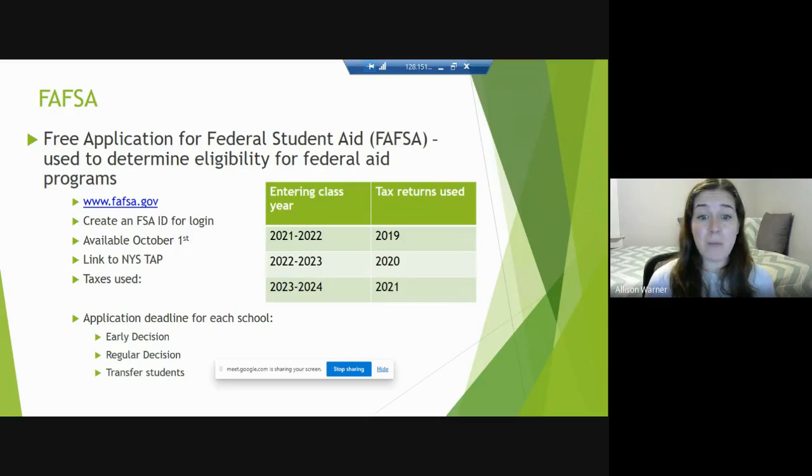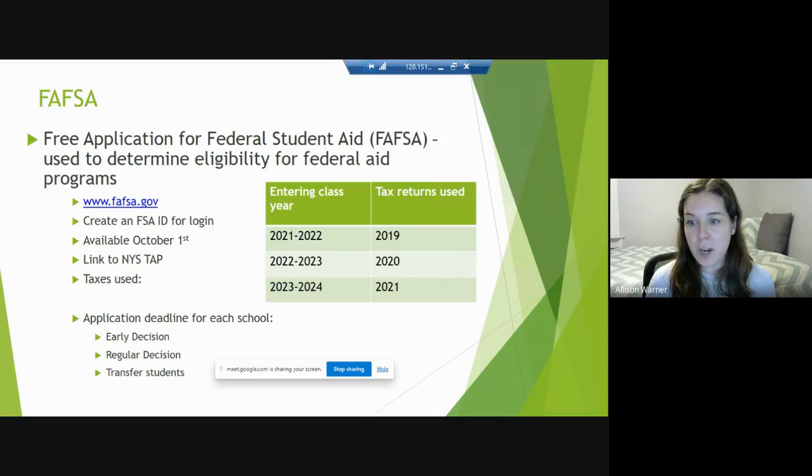When you create an FSA ID for login, it will need to be created for both the student and the parent. It's very important that neither the student nor the parent loses this information, as you'll need to use this ID and password not just for your incoming year, but every year after that as well.